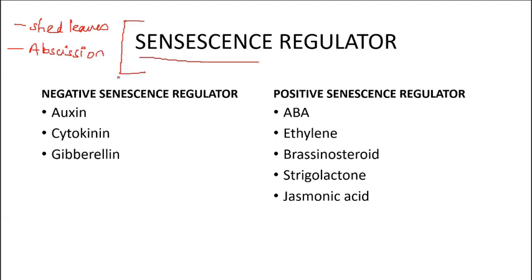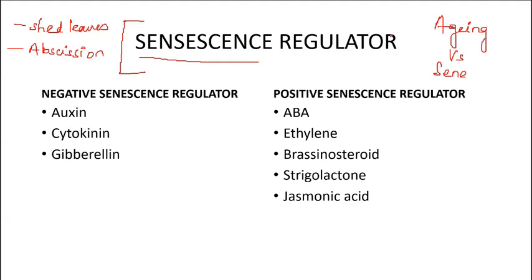Now senescence. So let's understand the meaning of the phenomenon senescence. Senescence is a process in which the plants show several kinds of symptoms. For example, they shed their leaves, they form abscission layers. Why do they do so?